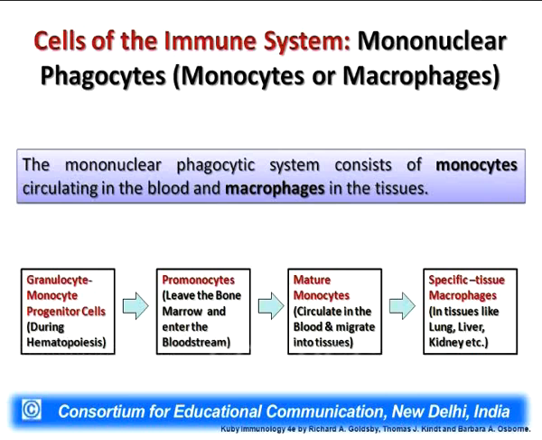These monocytes circulate within the blood, and subsequently they migrate into the tissue spaces where they develop into specific tissue macrophages, like the immune cells present in the lungs, liver and kidney. These macrophages play a very important role in protecting these organs from pathogenic or disease attack.